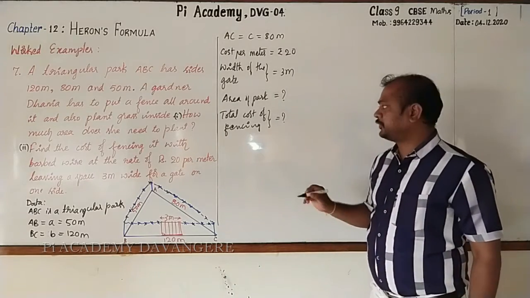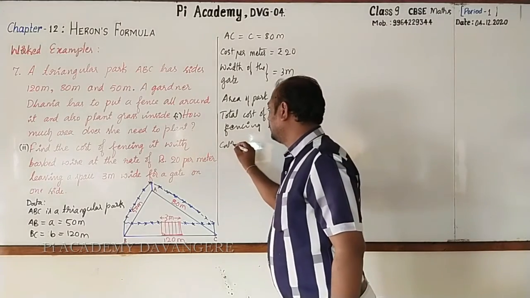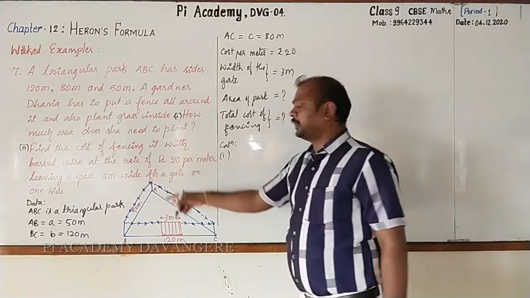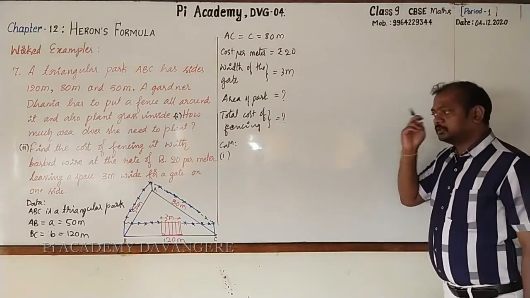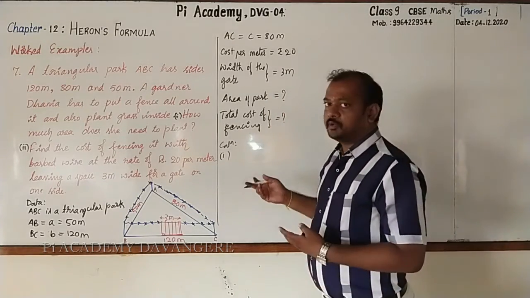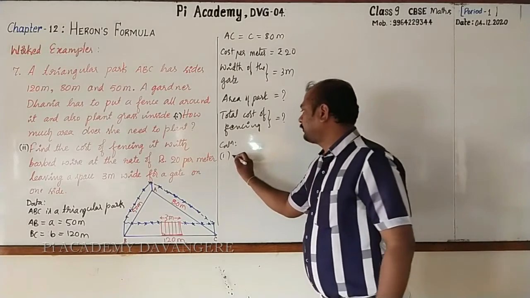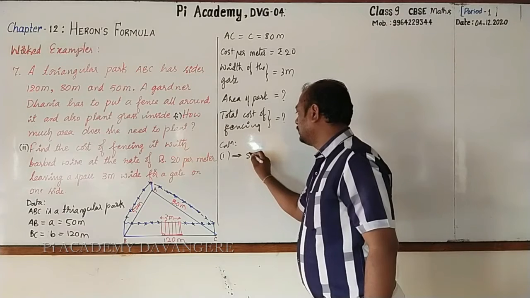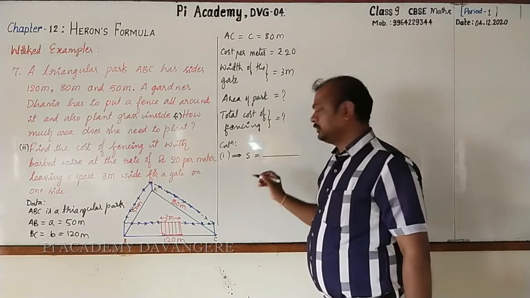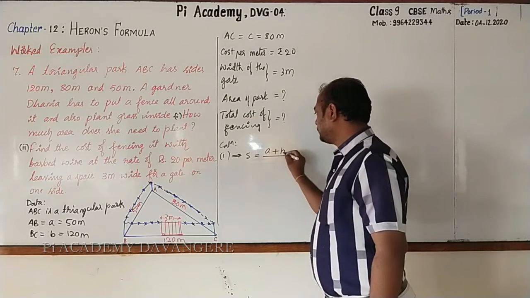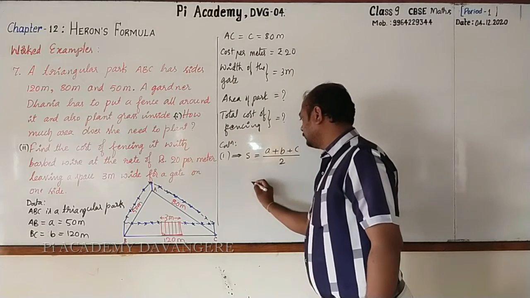Now let's go for calculating. As I said, let us focus on the first one, finding the area of the triangle. All the three sides are known. You can find the area of this triangle by using Heron's formula. First, find the semi-perimeter. What is semi-perimeter? Yes, very good, it is A plus B plus C by 2.